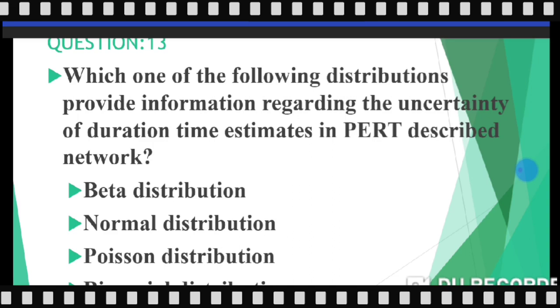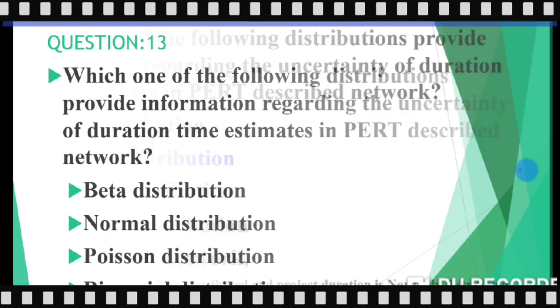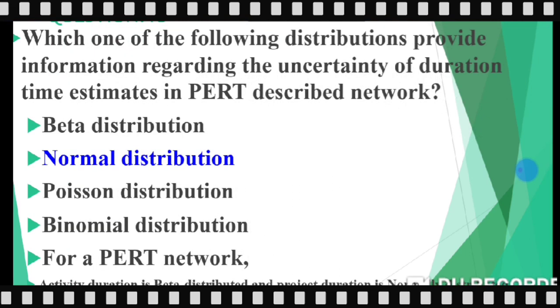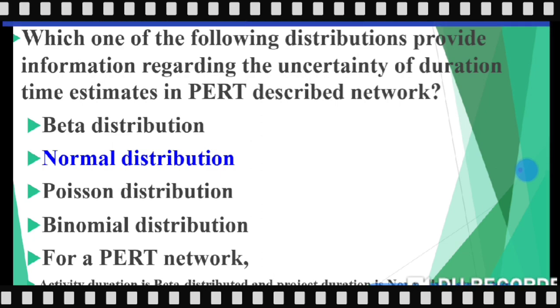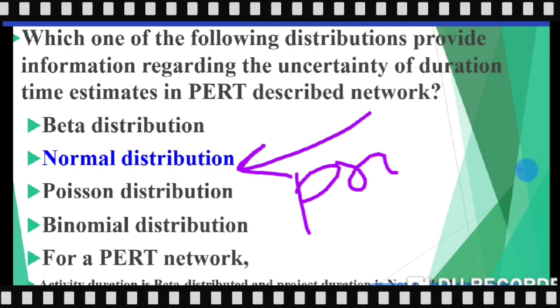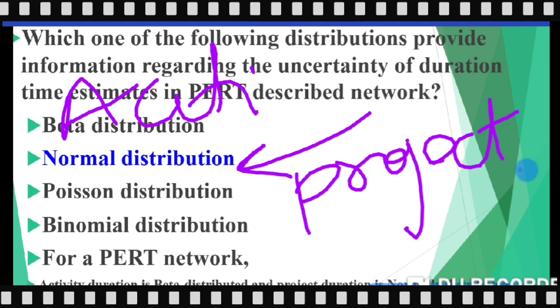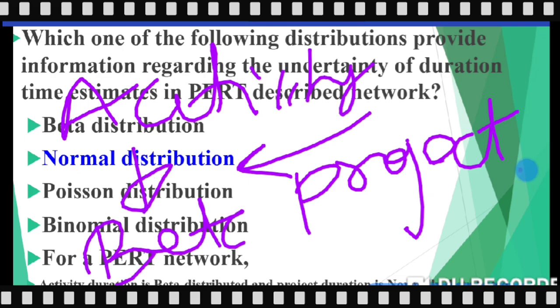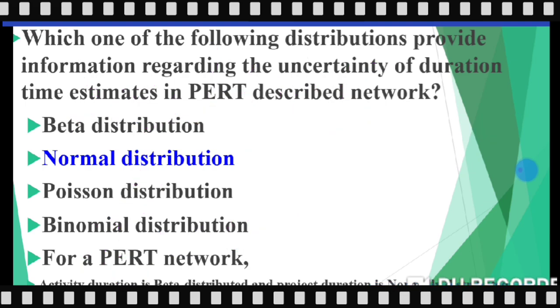So its answer will be option B, normal distribution. Simply see here, activity duration is beta distributed and project duration is normally distributed. So it is talking about project, so its answer will be normal distribution. If it is talking about activity, then we will take beta distribution.